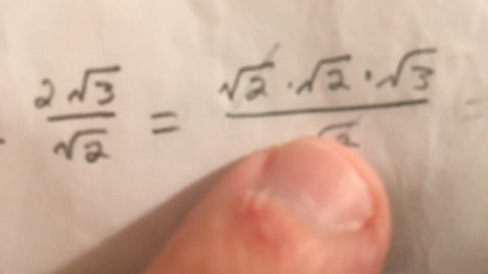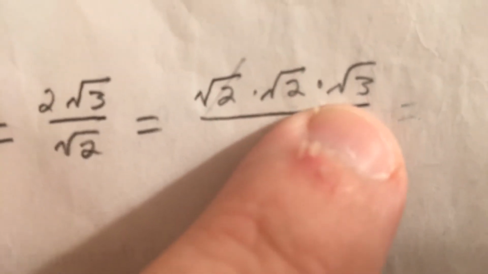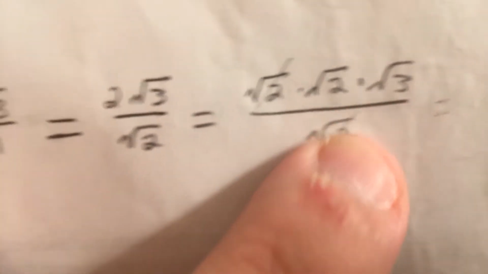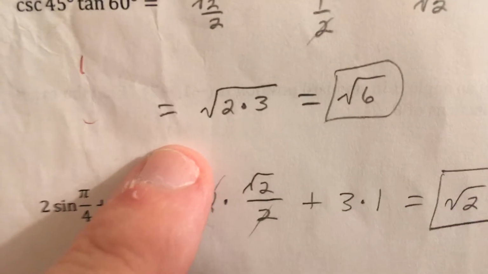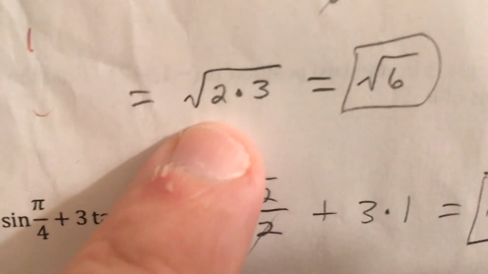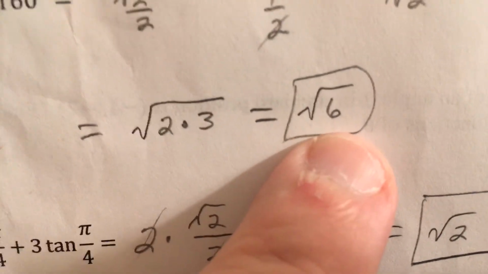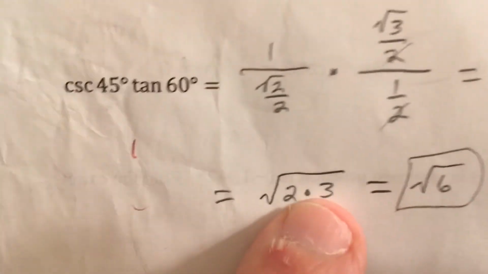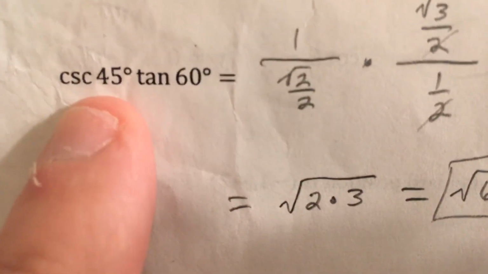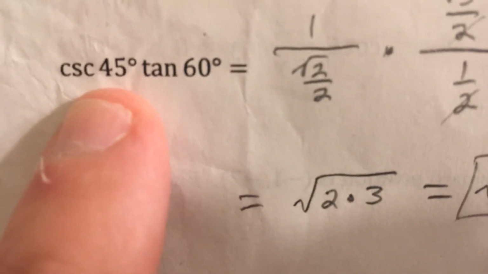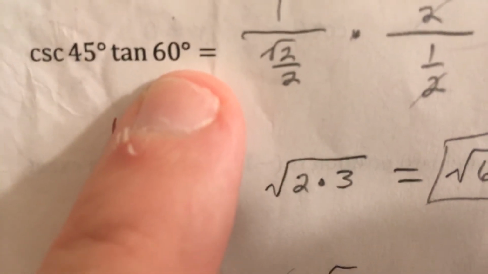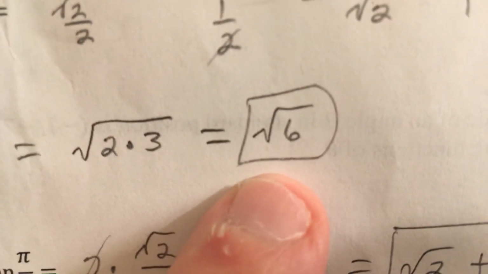They cancel, and we're just left with square root of 2 times square root of 3. The square root of 2 times the square root of 3 is the same as the square root of 2 times 3, and so we're left with square root of 6. So the exact value of cosecant 45 degrees times the tangent of 60 degrees is equal to the square root of 6.